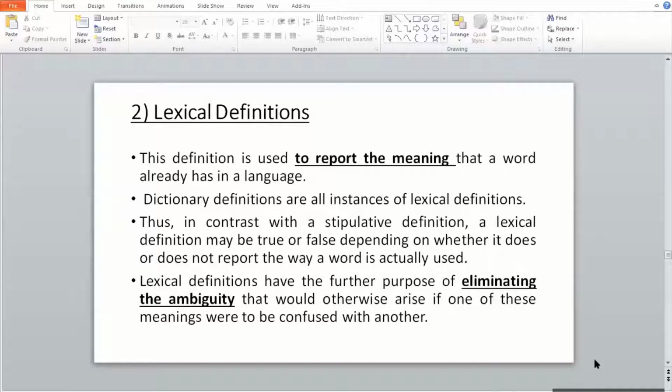I think you have a prior understanding of what a lexical definition is. If not, don't worry, but I am sure that you know a lexicon better.